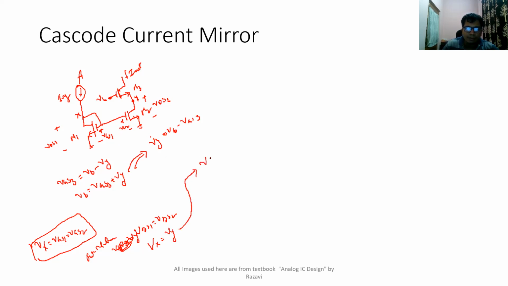So if I want VX equal to VY, just substitute VX here: VB minus VGS3, or in other words, your bias voltage should be equal to VX plus VGS3. What is VX? We have just seen that VX is the VGS1 of the first transistor. In other words, VB should be equal to VGS1 plus VGS3. This needs to be satisfied.